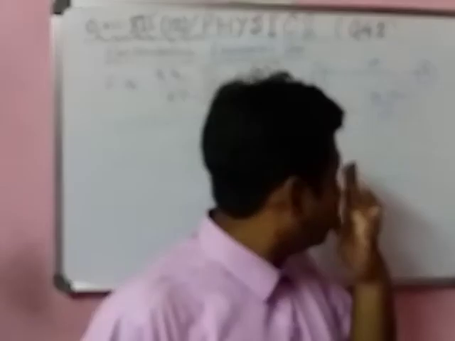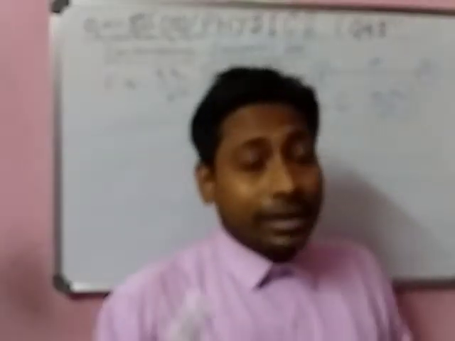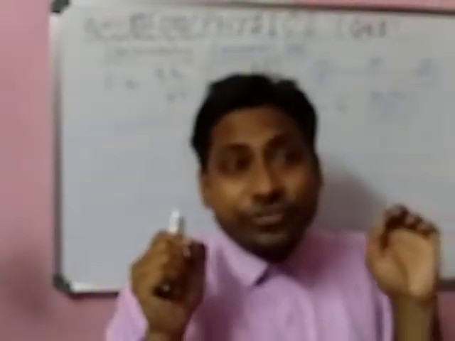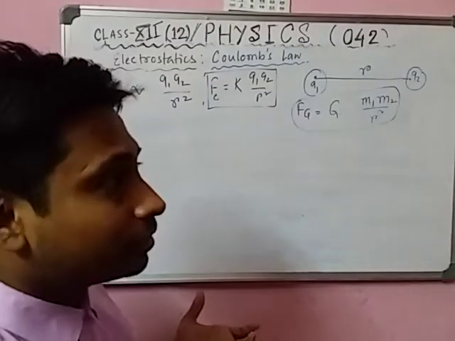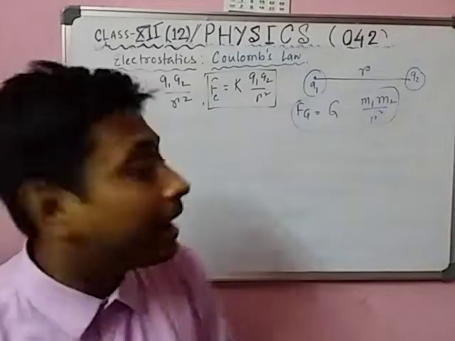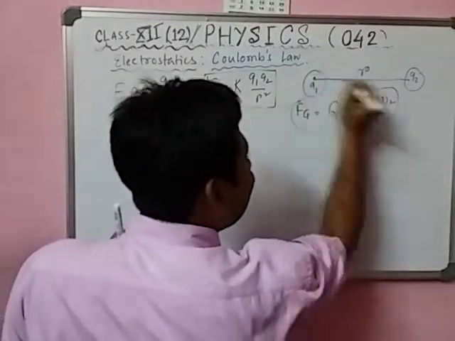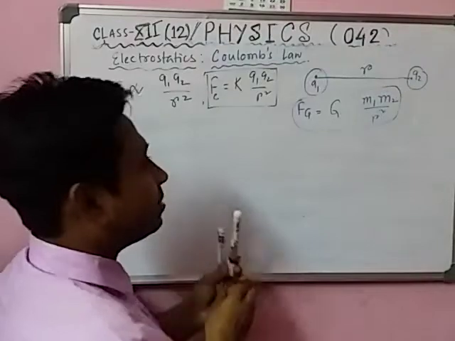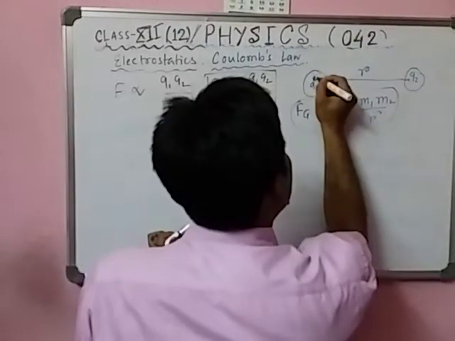Number two, both are central forces. Central means it will act center to center, that's why it's named central force. Whenever you take the distance, you take it from center to center.